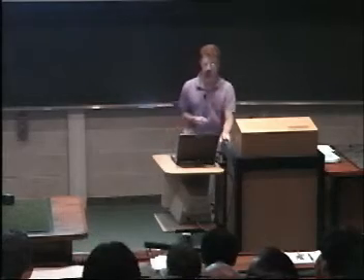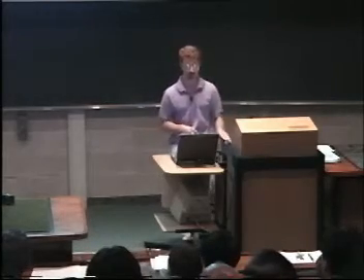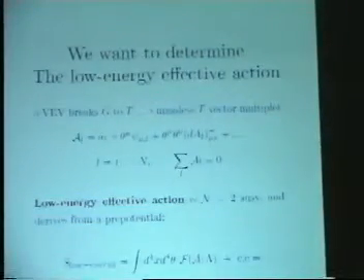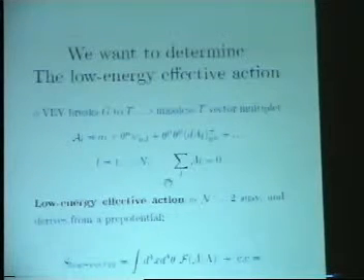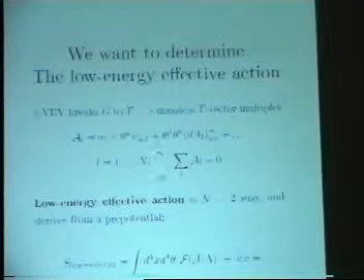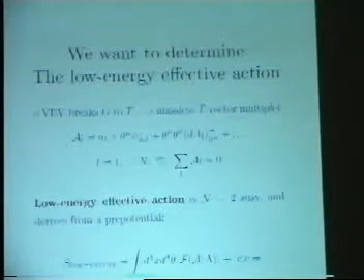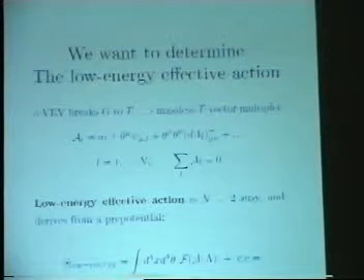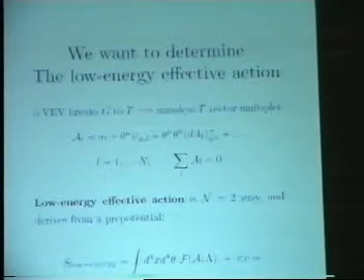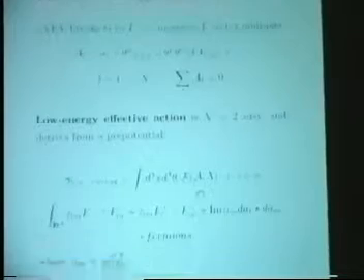Now, our goal is to determine the low energy effective action of this theory. The low energy theory will not be the theory of a non-abelian vector multiplet, but rather a theory of N-1 U(1) vector multiplets. This low energy action is governed by a single function, the so-called prepotential.